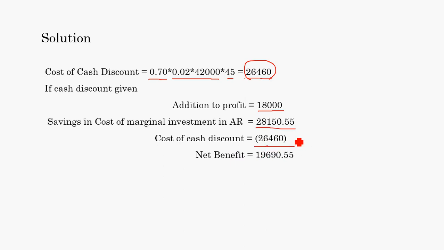This is the amount that you're going to forego because of the discount. So the net effect is 18,000 plus 28,150 minus 26,460. So the net benefit is 19,690.55. Since the net benefit is positive, you can go ahead and implement the cash discount.